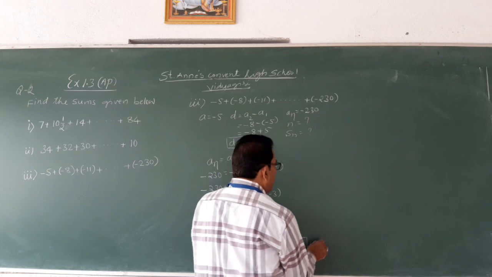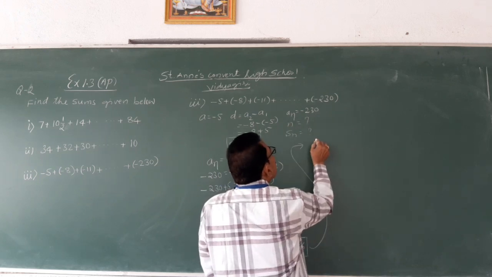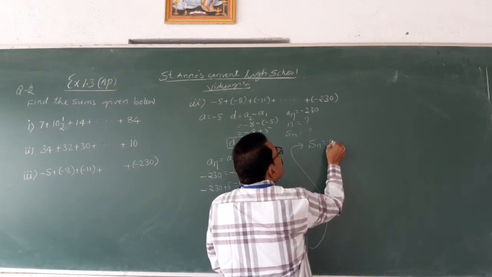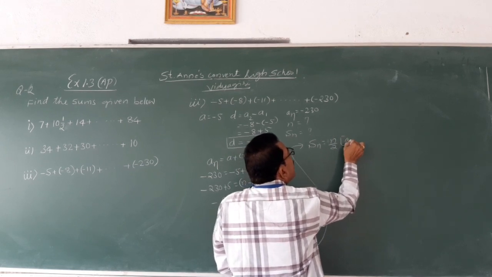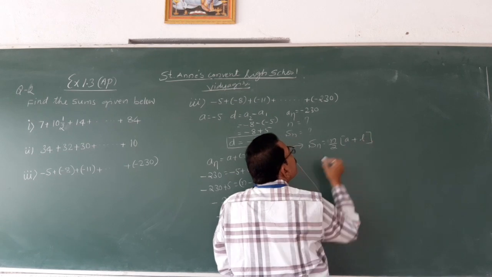Again, using Sn equals n by 2 in the big bracket (a plus l).